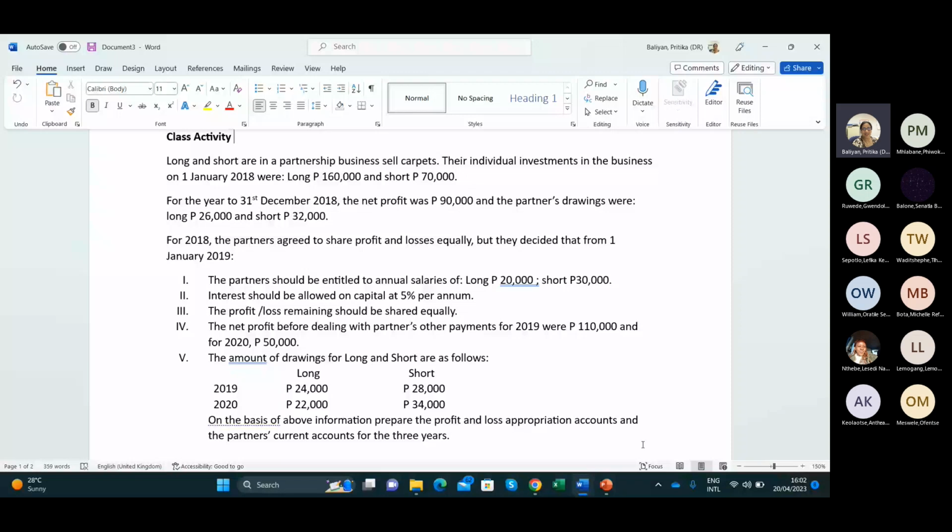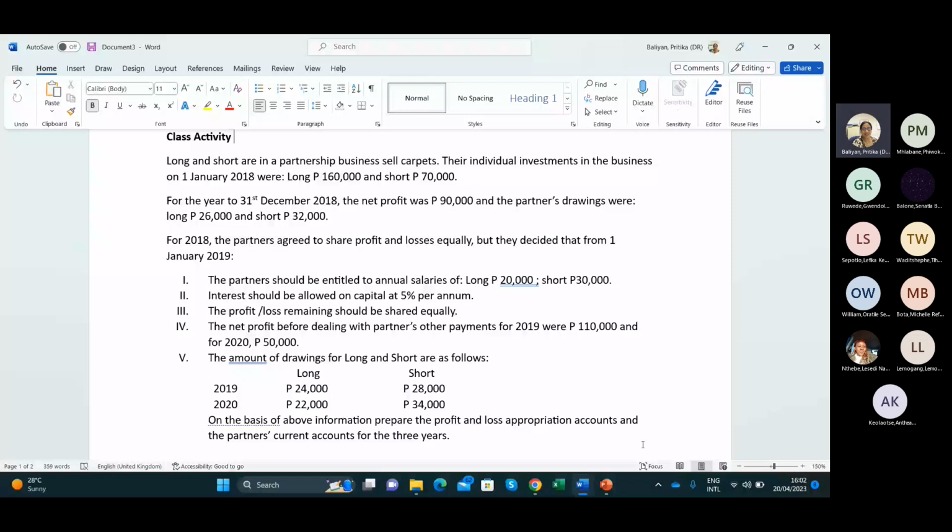For 2018, the partners agreed to share profit and loss equally, but they decided that from 1st January 2019 the partners should be entitled to annual salaries of 20,000 for Long and 30,000 for Short.